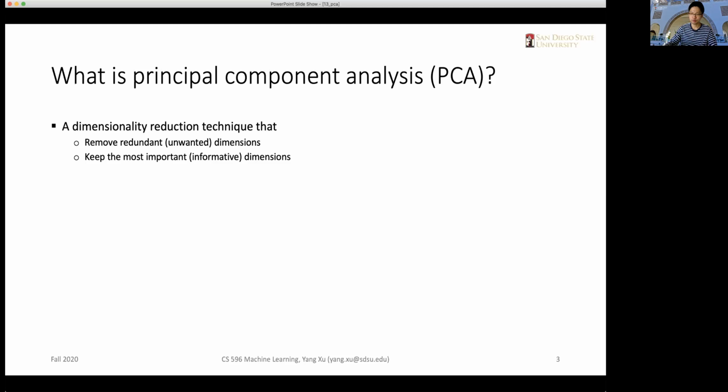We can remove the redundancy in the data so that the data analysis process can be easier to conduct, and we are not overwhelmed by too many dimensions, too much information.